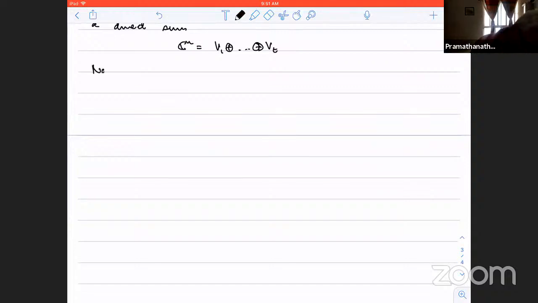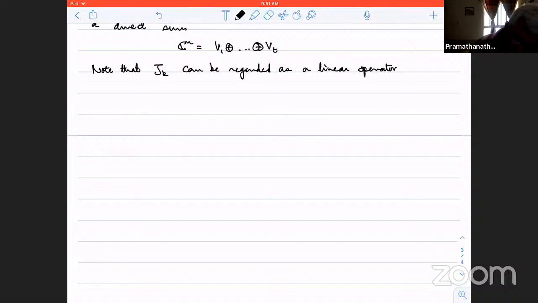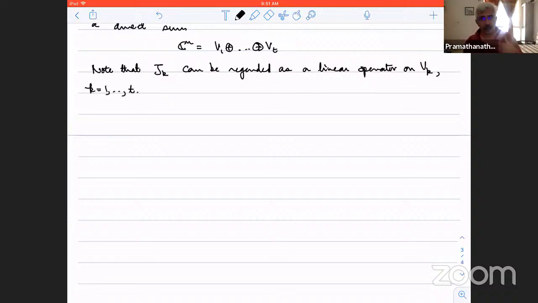Note J sub k can be regarded as a linear operator on V sub k, whatever be k between 1 and t. That's what breaking up into block diagonals means, and breaking up the vector space in a compatible way.